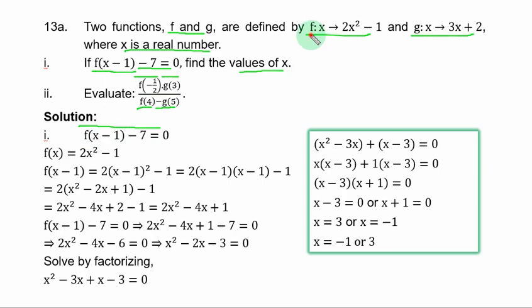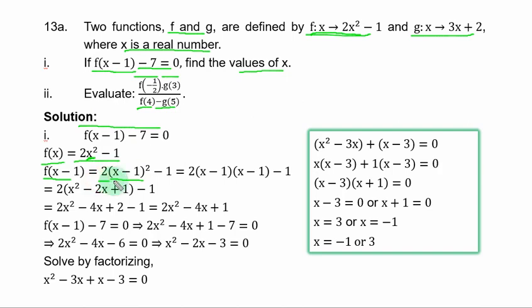This function is read as f such that s implies 2s squared minus 1, and it can be written as f of s equal to 2s squared minus 1. To get f of s minus 1 first, you simply replace s with s minus 1. You multiply it by 2.